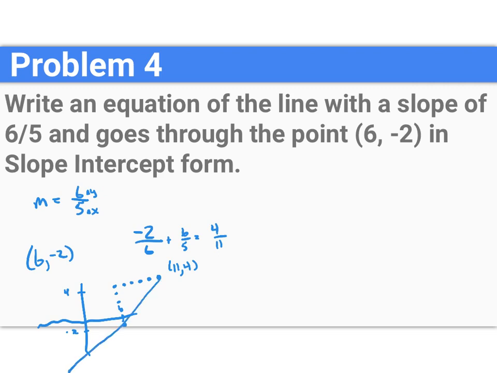But we have to find where this goes through the y-axis. So what we want to do is work our way backwards. Okay. So if we go down 6, -3, -4, -5, -6, -7, -8, and go over 5, left, 5, 4, 3, 2, 1.